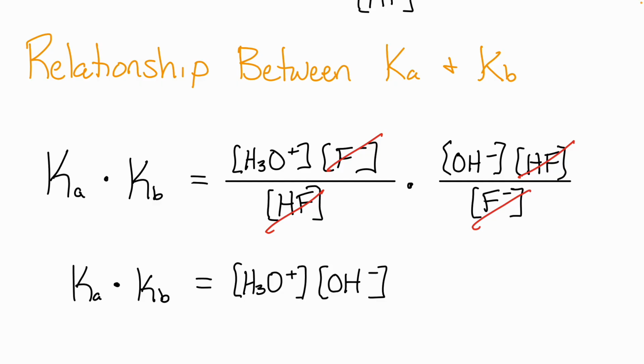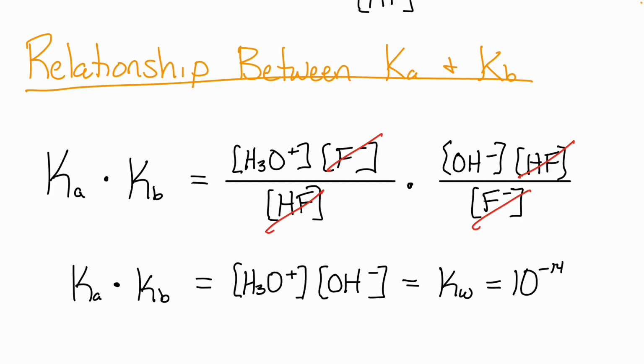That's 10 to the negative 14. This is the Kw expression, our autoionization. So we know that Ka times Kb equals Kw, 10 to the negative 14. This is our relationship between Ka and Kb.